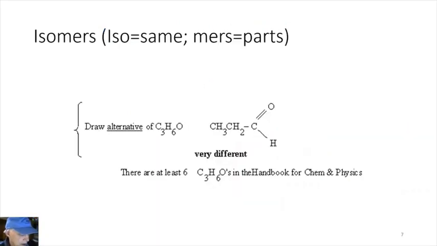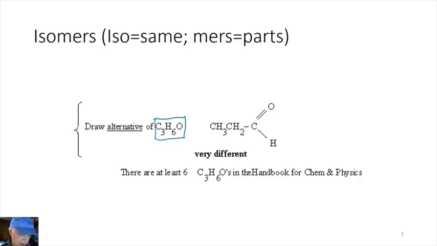I guess I should just mention that if you go with a simple formula structure, C3H6O, there could be a lot of different ones, right? I guess this is propionaldehyde or something like that. It's an aldehyde of some kind. Okay, and there are various ways to skin that cat and come up with C3H6O.